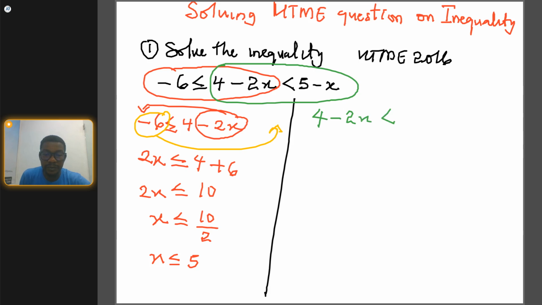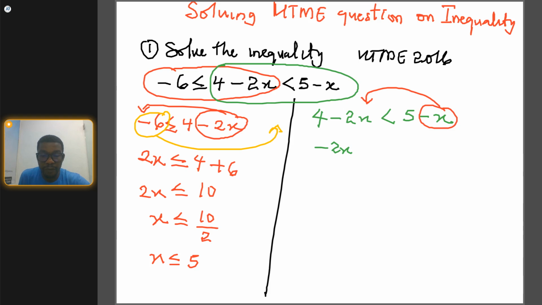4 minus 2x less than 5 minus x. Now, how do you go about solving this? We need to collect the like terms by taking variables of the same alphabet to one side and constants, which are numbers without letters, to the other side. So to do that, we bring minus x crossing the inequality sign.